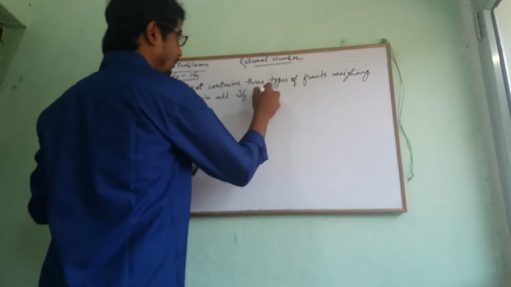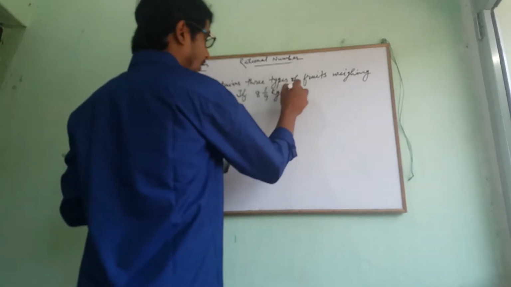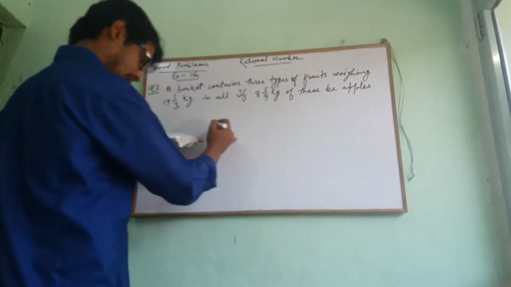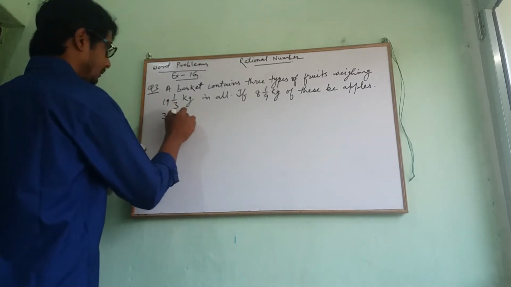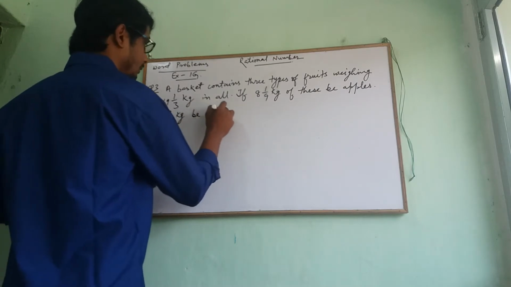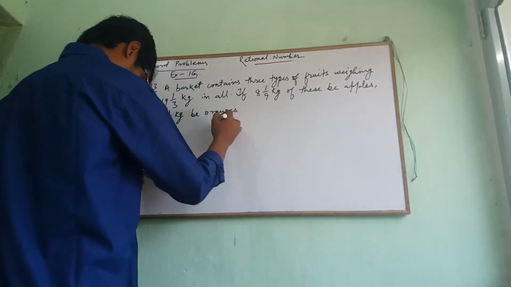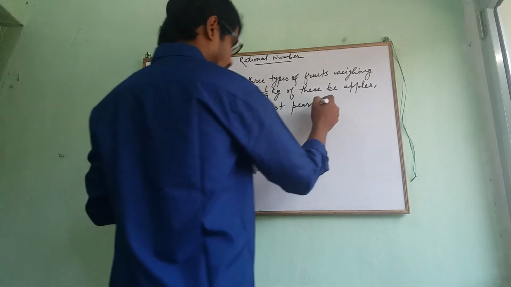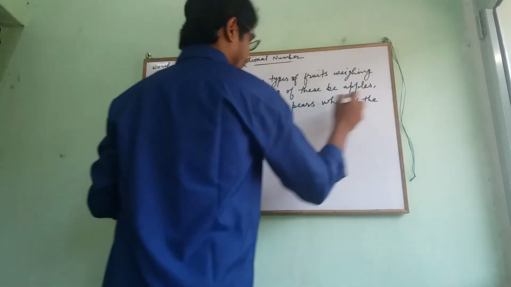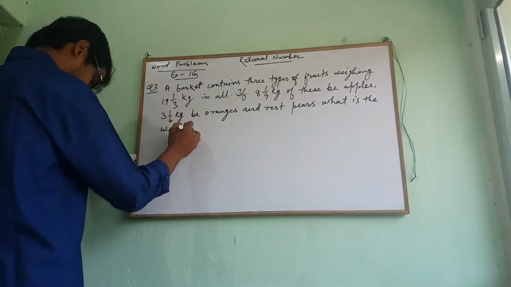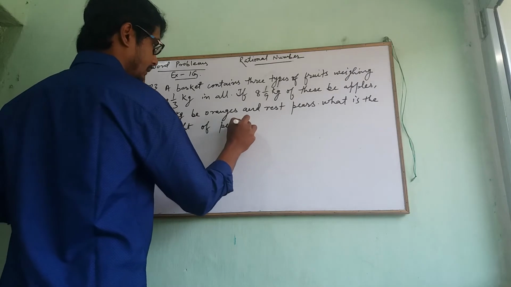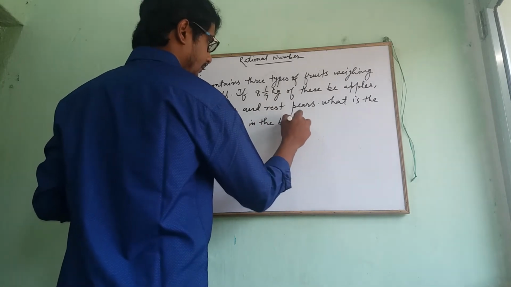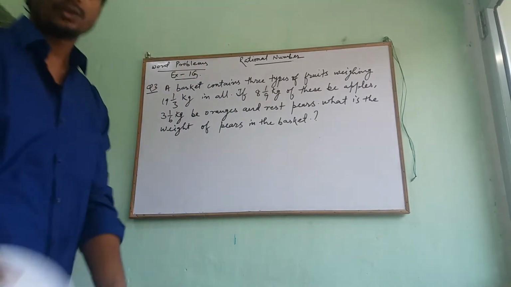If 8 whole 1 by 9 kg of these be apples, 3 whole 1 by 6 kg be oranges, and rest pears, what is the weight of pears in the basket? So let's solve this question.